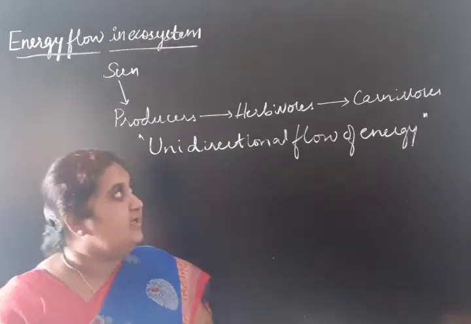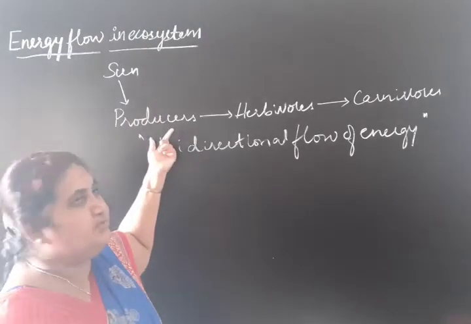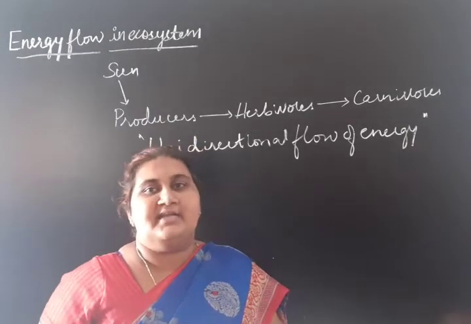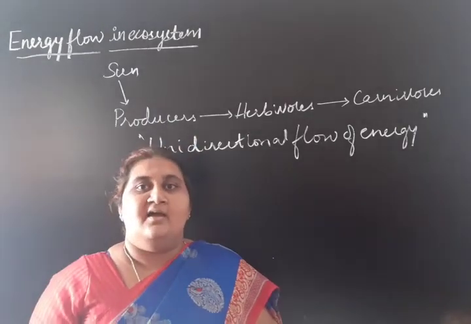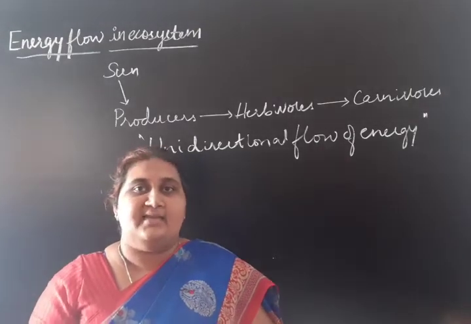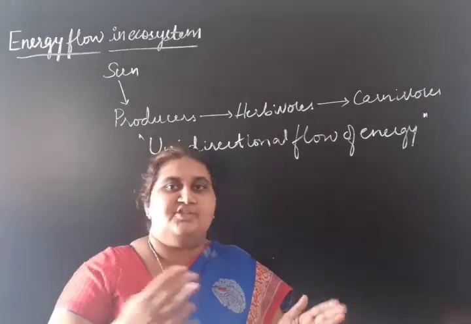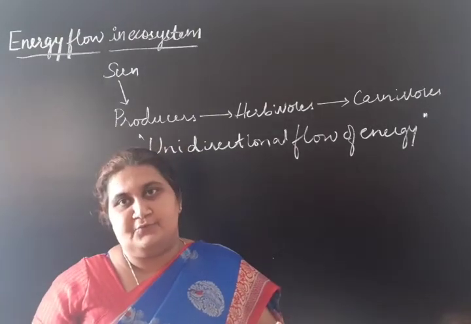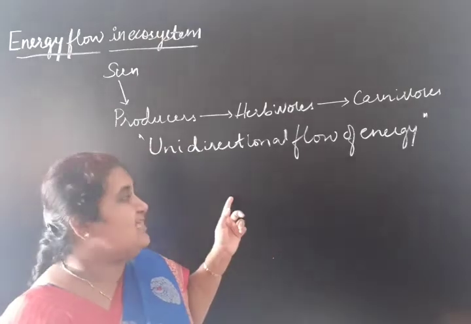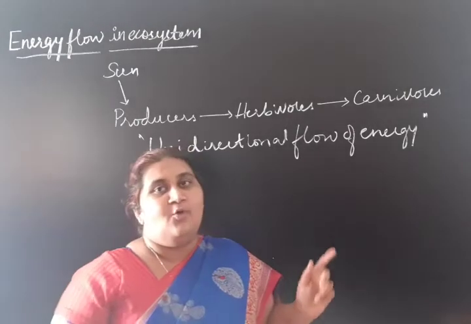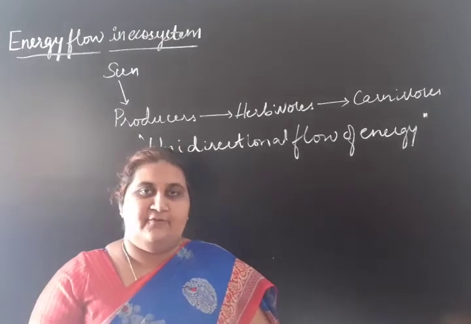Here the solar energy will be utilized by the producers and converted into energy rich organic compounds. So solar energy is converted into chemical energy of the food. So the first law is applicable, that is, energy is converted from one form to another form.